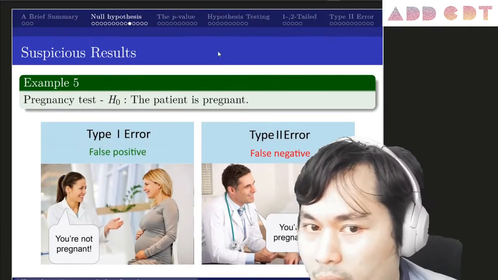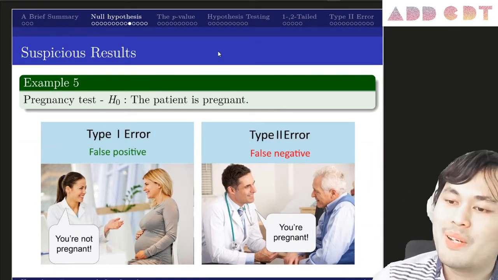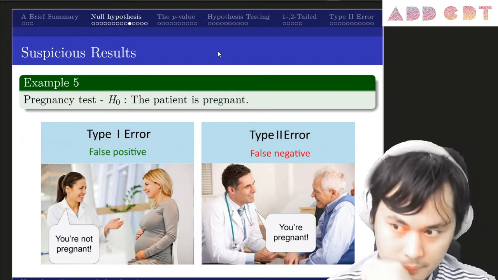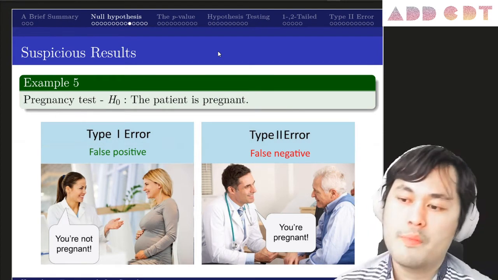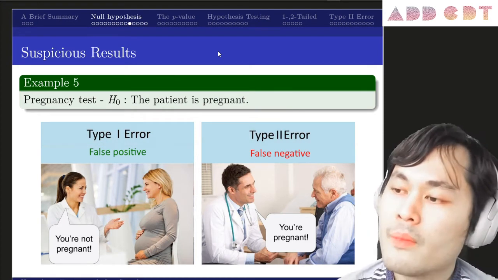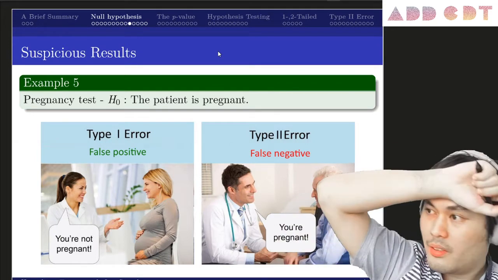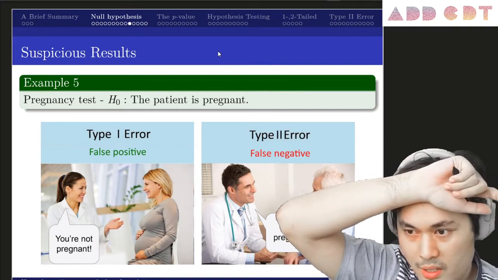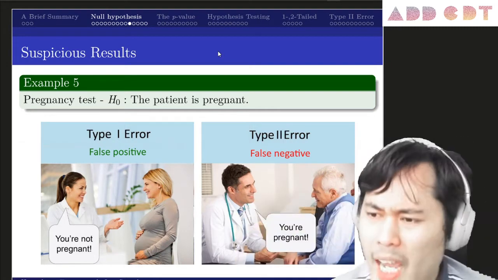So let's look at a standard example here, a pregnancy test. Someone goes to a hospital, and then the doctor looks at the patient and arrives at some conclusion.